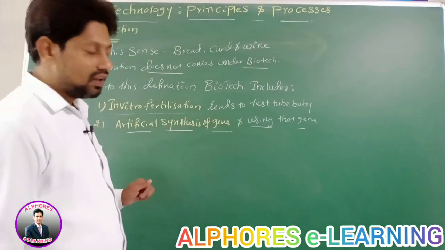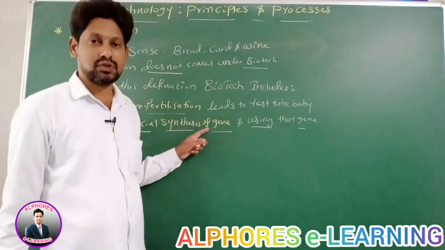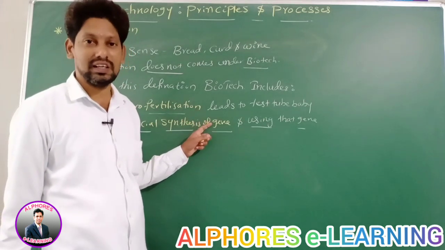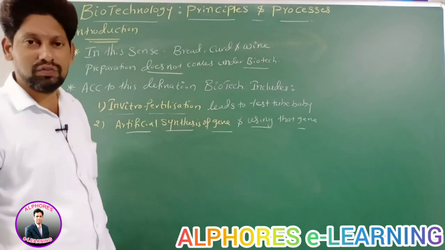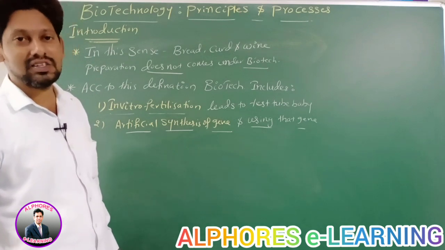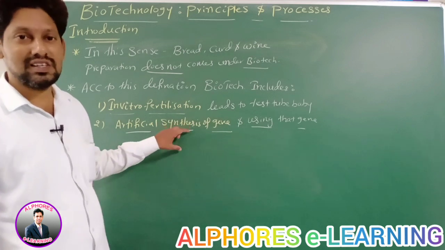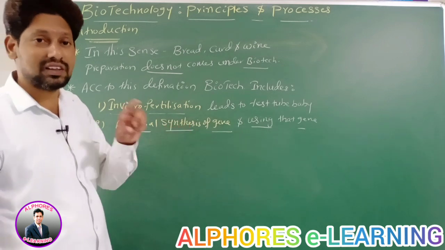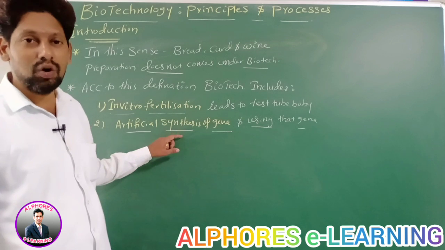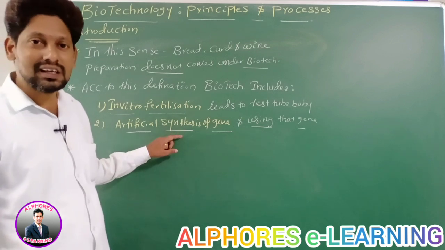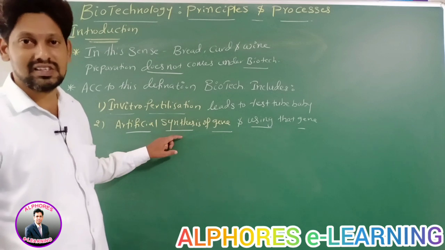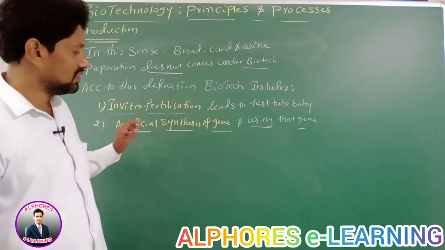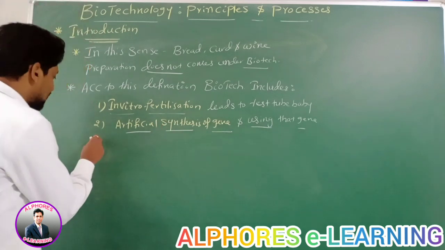Is it okay? Sir, who is the first scientist to synthesize a gene artificially? Harigovind Khurana. He is an Indian born American scientist who synthesized a gene artificially for the first time. Is it okay? Right.